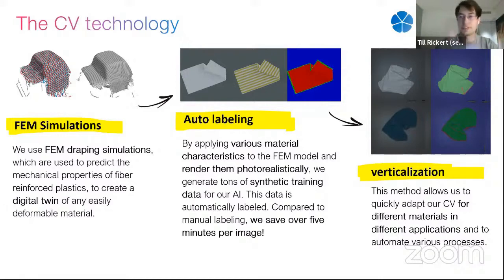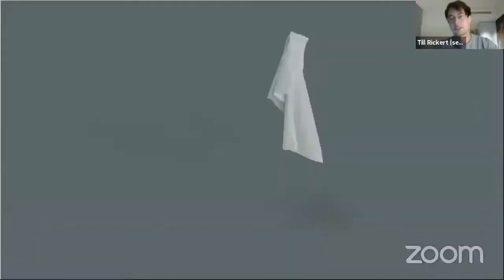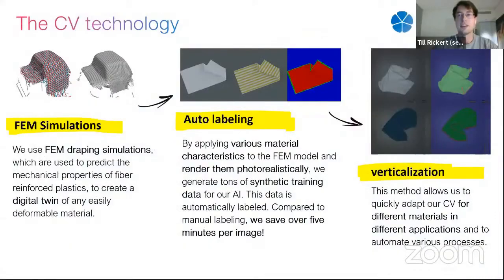Like on this slide, you see a towel, it could be a bed sheet, it could be a shirt, everything that's flexible. And with that, we create a digital twin of the textile and apply photorealistic rendering later on. And the clue about creating these synthetic images is that you can have them labeled automatically.